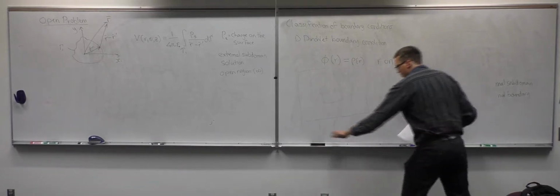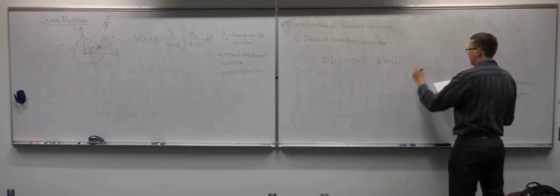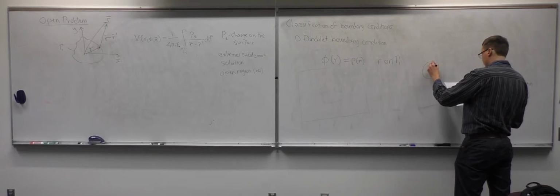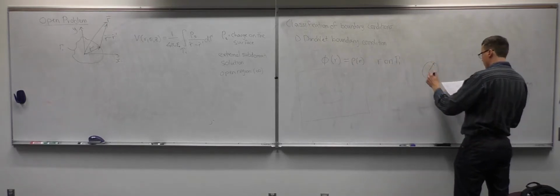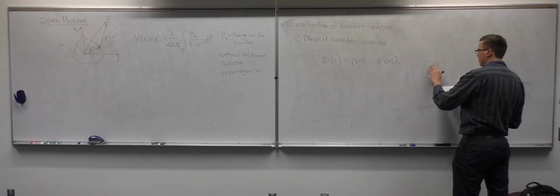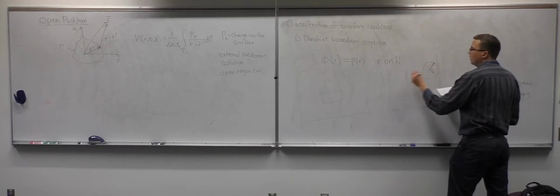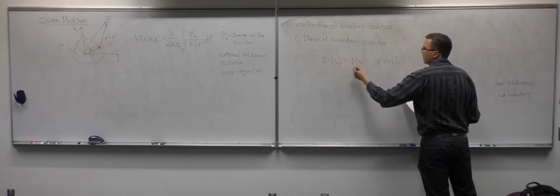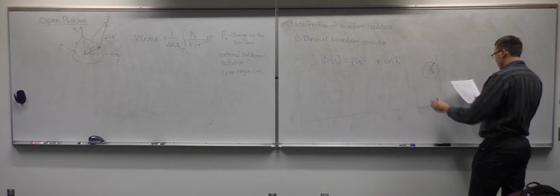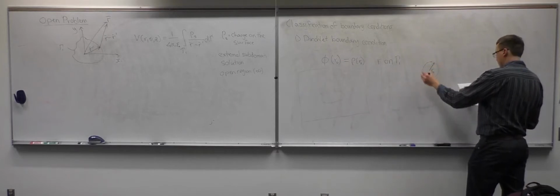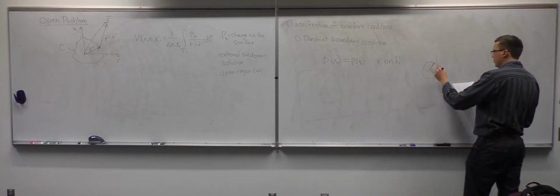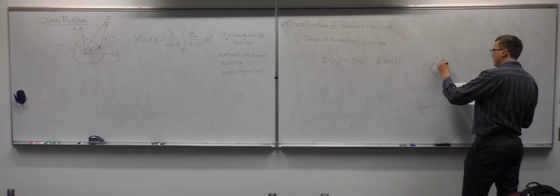So for example, you might have a problem with a circle on it, and you're told that at say r naught, it has a certain charge value, for example, at the boundary.